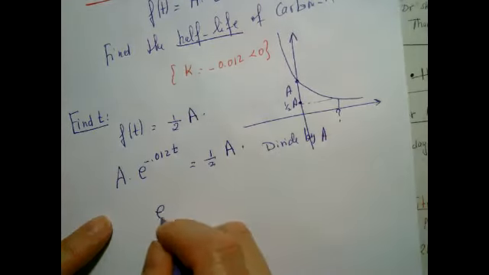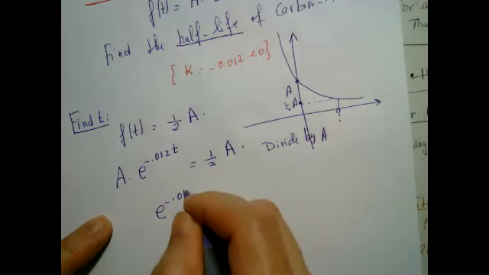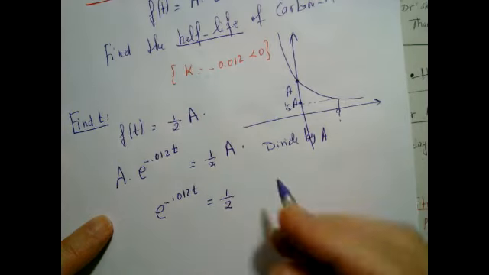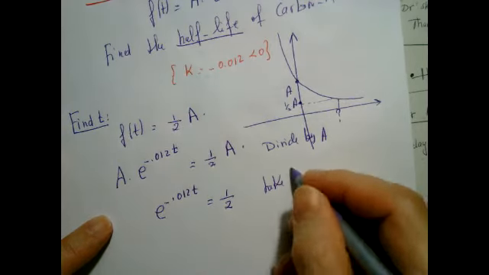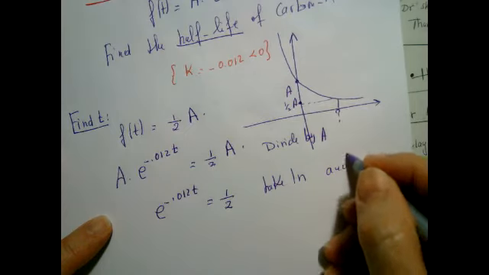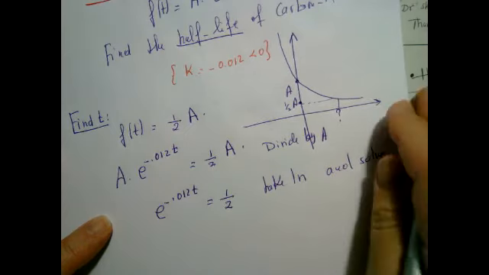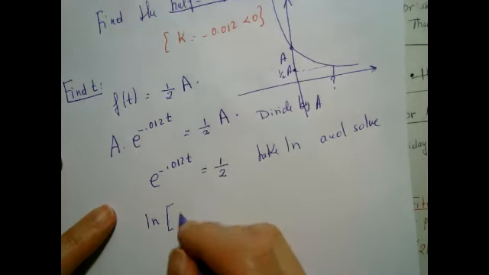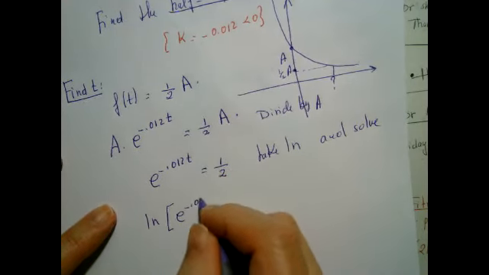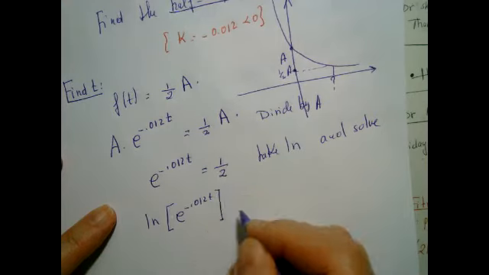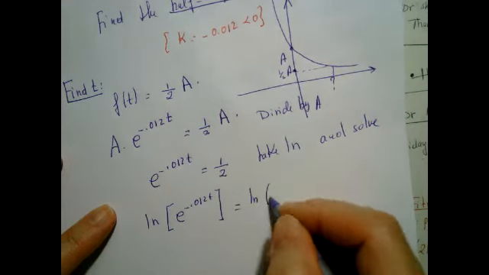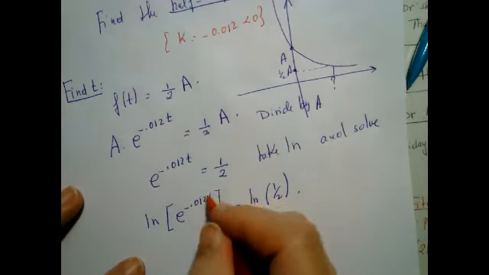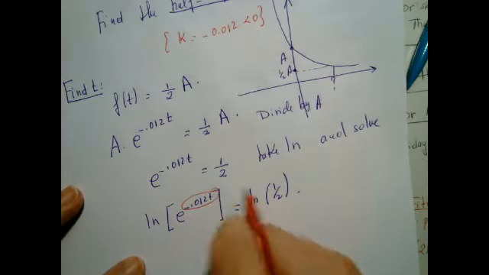So give me e to the minus 0.012t equals a half. Now we take ln from both sides. And now I will get the ln of this equal a half.